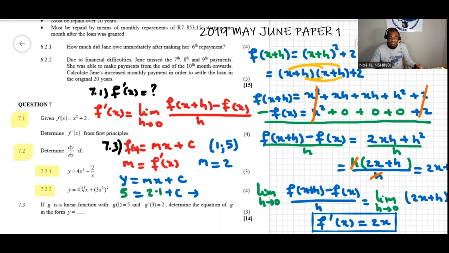Okay, we can work out c. 2 times 1 is just 2. It's going to be 5 minus 2 equal to c, and therefore c equal to 3. Therefore, we can say the straight line is given by 2x plus 3. Okay, thank you.